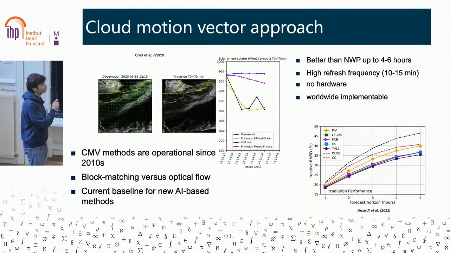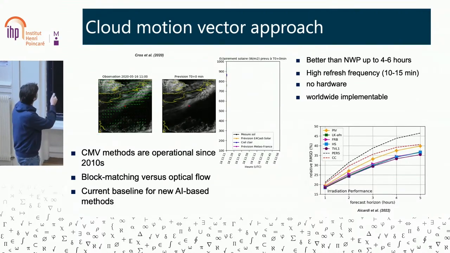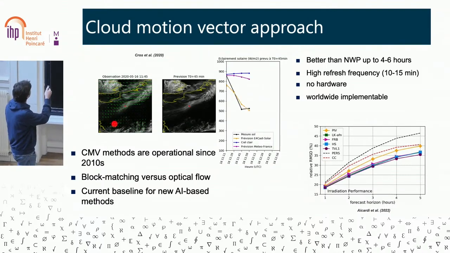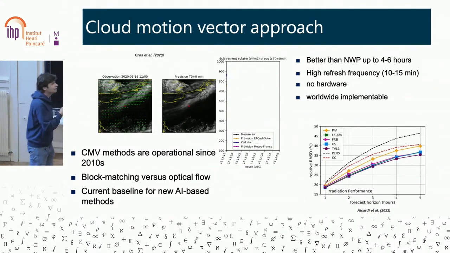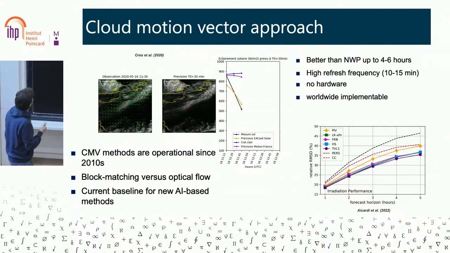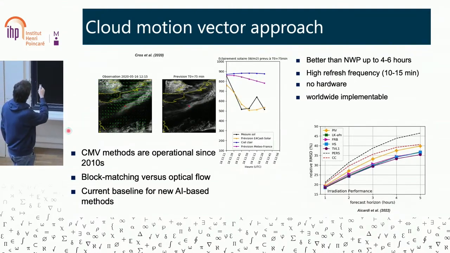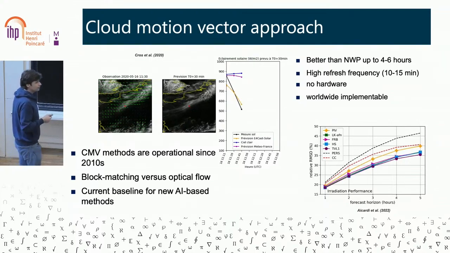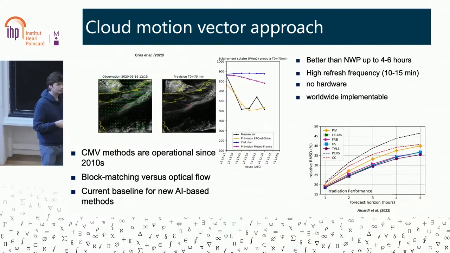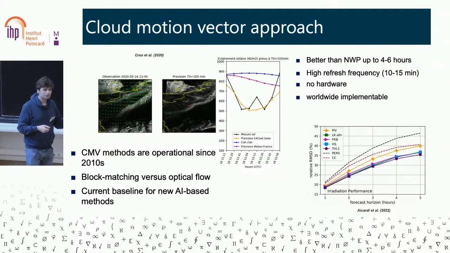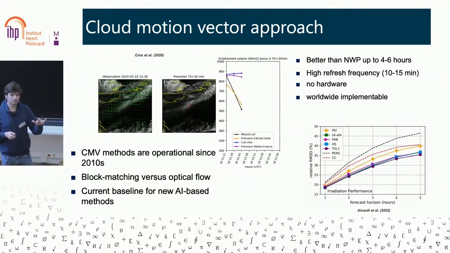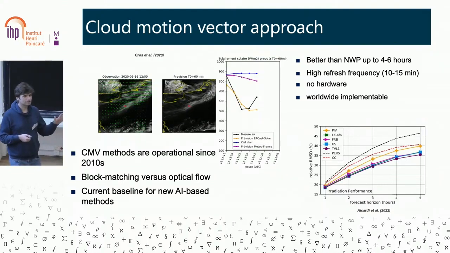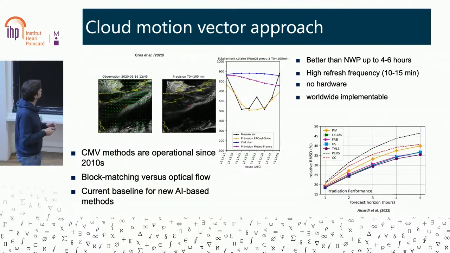I don't know if you see, there are green vectors on this image, and this image normally doesn't have vectors. We can better see on the control screen. Here it is not obvious. So we have a field of vectors, and when we apply this field of vectors on the last image, we can extrapolate the cloud motion, and then we can guess what the next images will be.